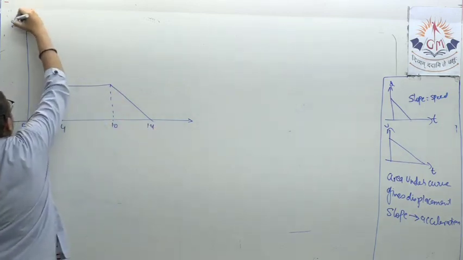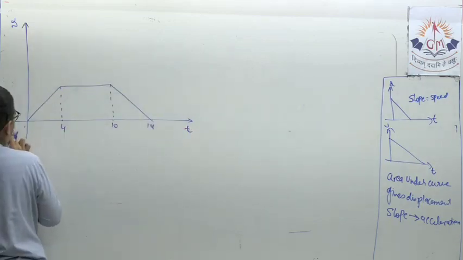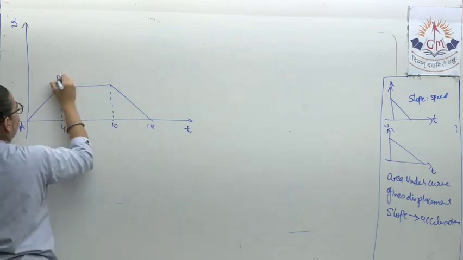This is the velocity versus time graph, and we have been given some notations.